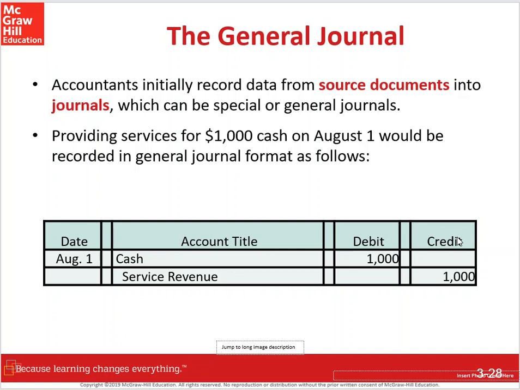So when we record journal entries, we put the debit account first always. So the first line, and if we had multiple debits and multiple credits in one journal entry, the debits would all go first, followed by all the credits. So debit first with the amount in the left column, the debit column, and then we indent several spaces and we put the credit account with the dollar amount in the right column, which is the credit column.